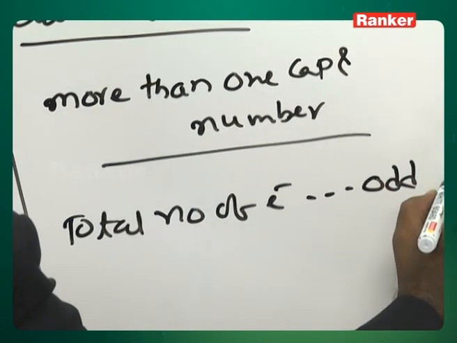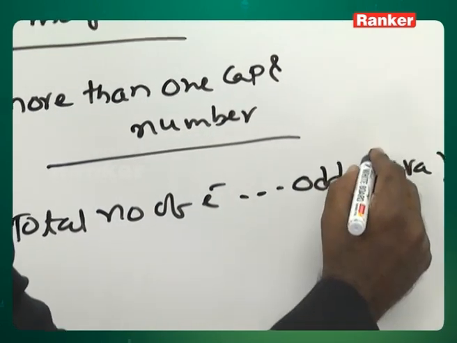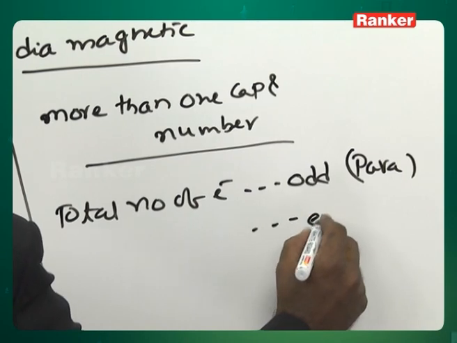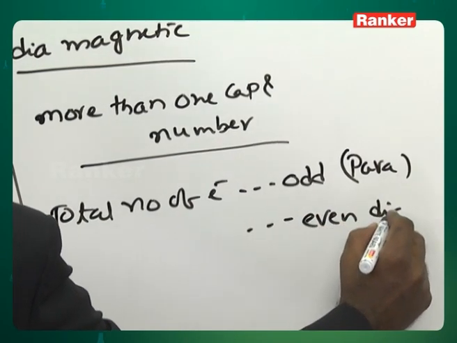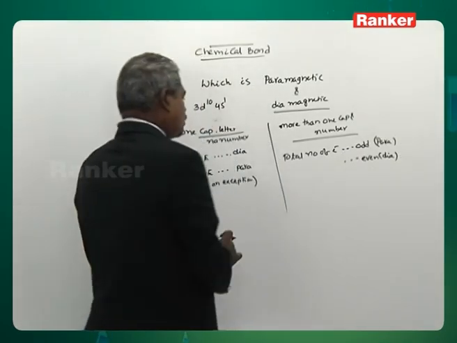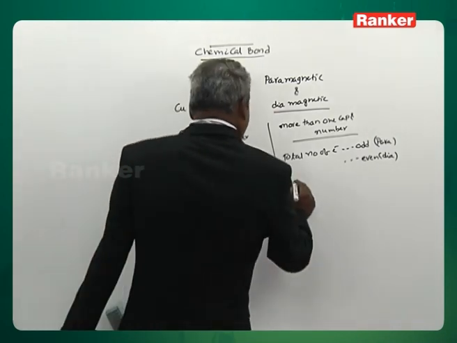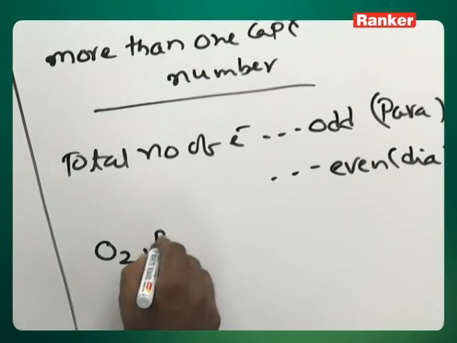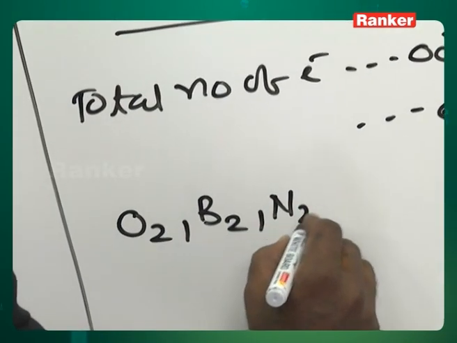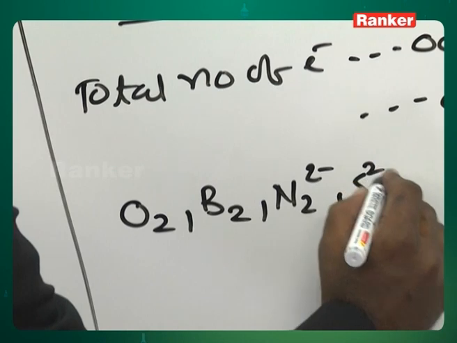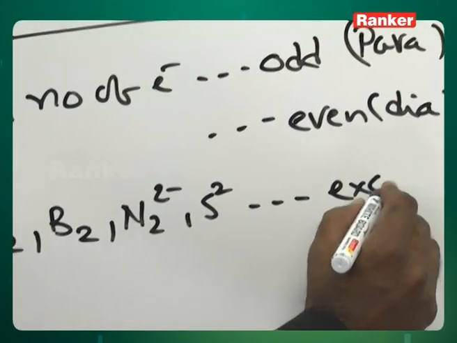Odd number, it is paramagnetic. Even, it is dia. Total number of electrons, odd, para, even, dia. O2, B2, and N2 2 minus are exceptions.